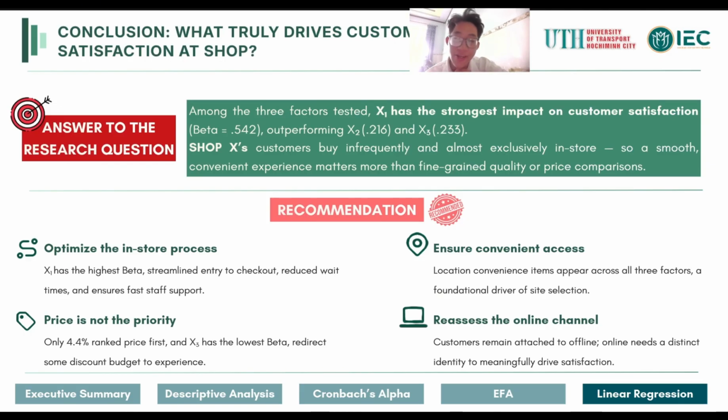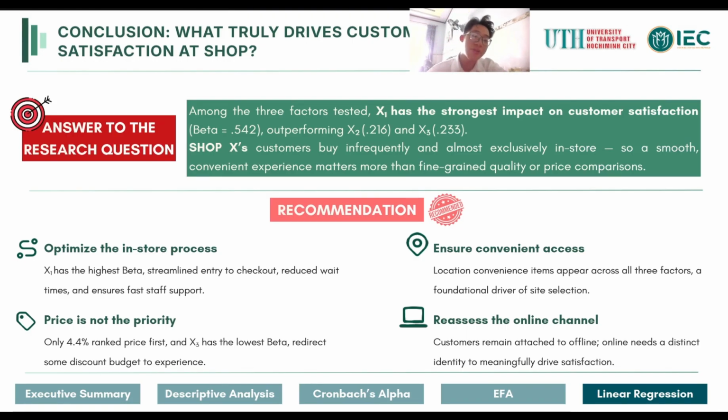Based on that, we also make recommendations. The first one is to optimize the in-store process, like reducing the waiting time and ensuring fast staff support. The second is that pricing should not be the priority; only 3.44% ranked it first, which also leads to X3 having the lowest beta.